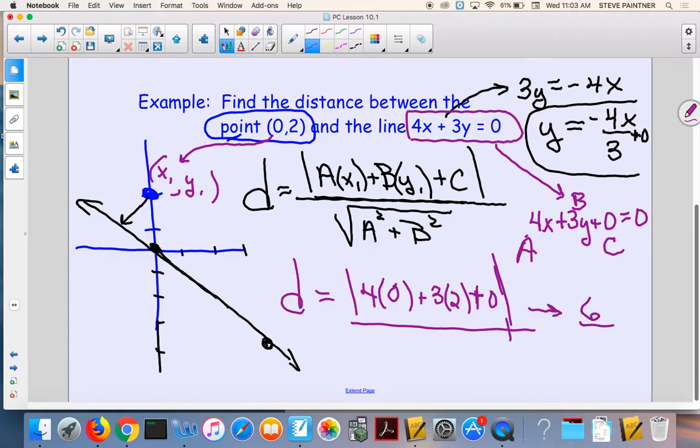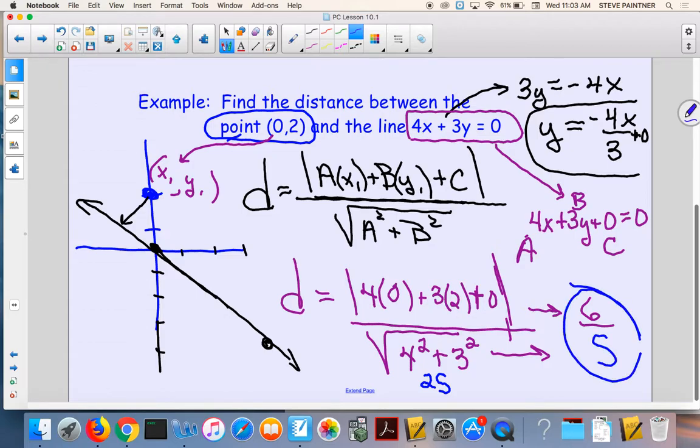On the bottom, it's the square root of A squared plus B squared. Well, that's going to be 4 squared, that's A, plus B squared, 3 squared. What did you get? Right? 25. Square root of 25 is? 5.